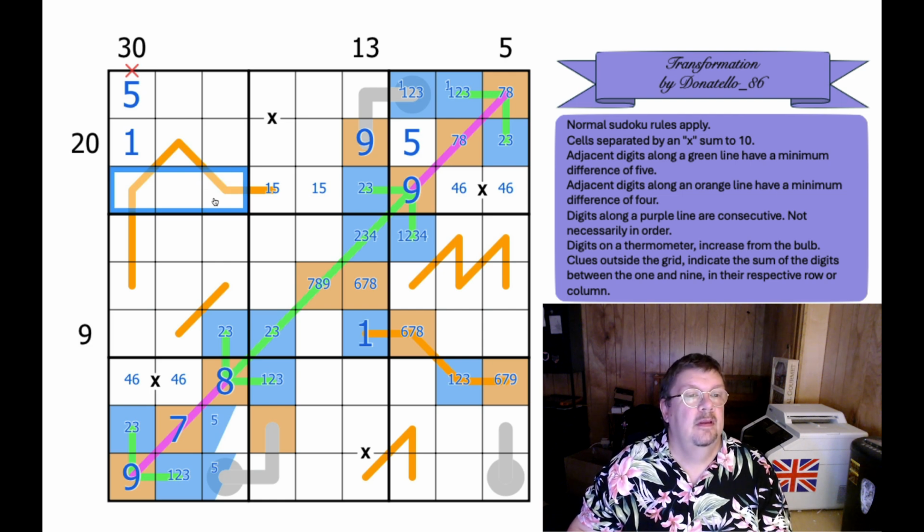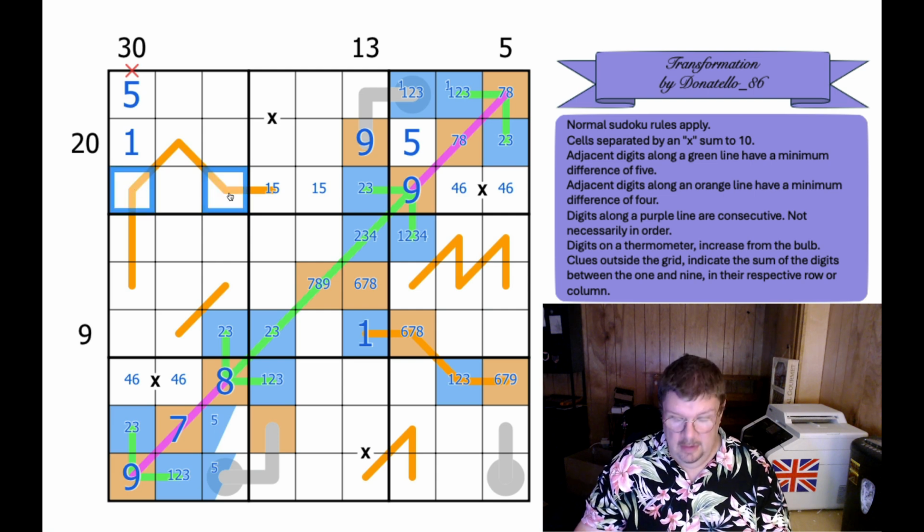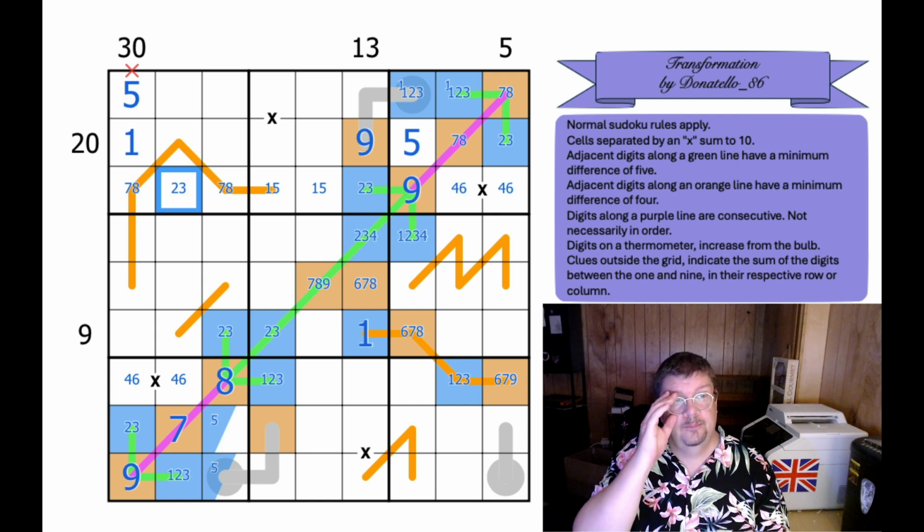Aha! The remaining digits are 2, 3, 7 and 8. But 7 and 8 both appear here, and because I can't get a 5 on, at least on this portion of the whisper, these two are of the same polarity. So this must be a 7-8 pair, and that's a 2 or a 3.